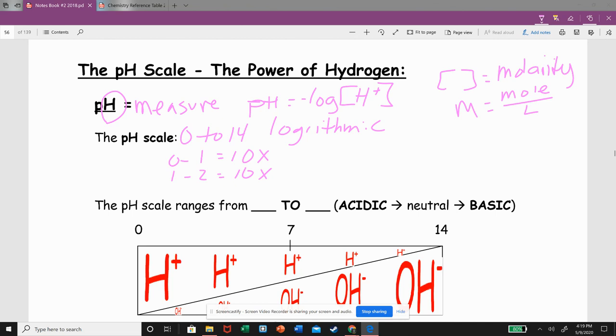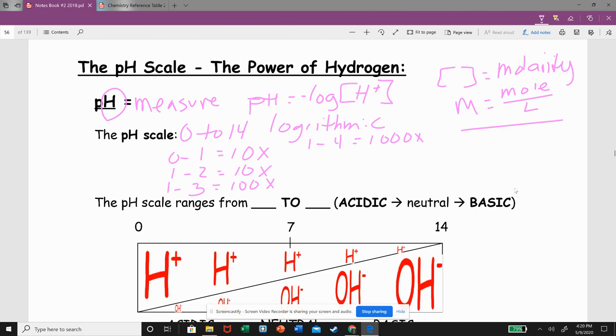And if I go from 1 to 3, that's 100 times. If I go from 1 to 4, that's 1,000 times difference in molarity concentration. So if I go from a pH of 1 to a pH of 2, you're like, yeah, 1 to 2, no big deal. Well, a pH from 1 to 2 is a big deal.